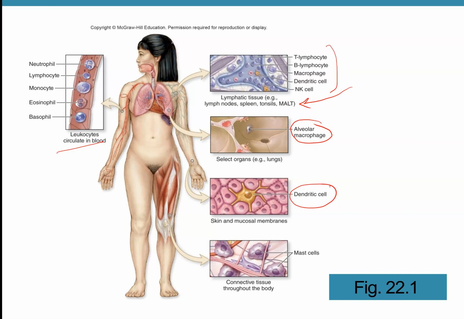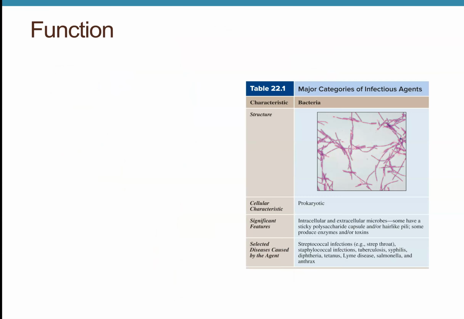And then in some connective tissues, we learned this in the tissue chapter of BIO211, you have cells called mast cells, immune cells that are found in several of the connective tissues all over your body, and we'll talk more about what they do in this chapter.